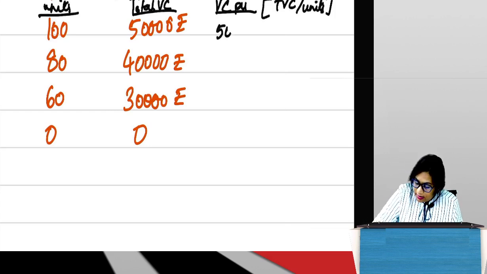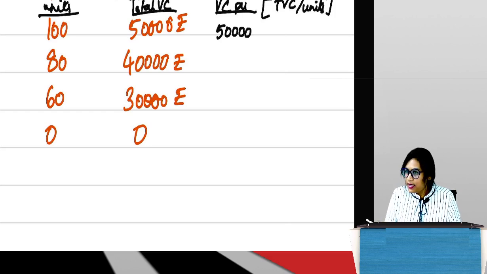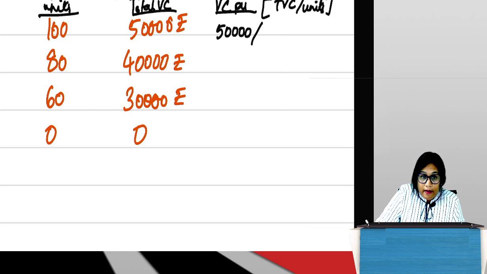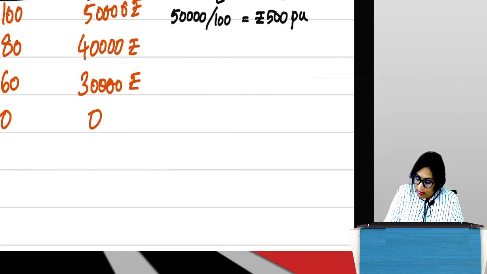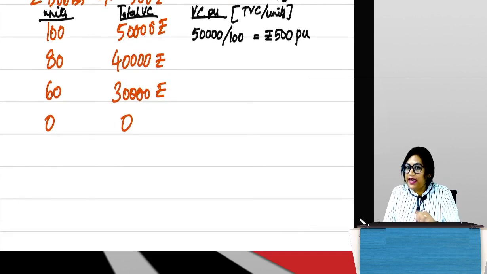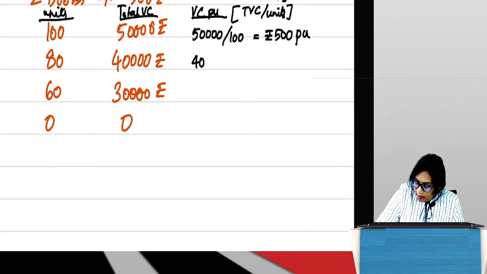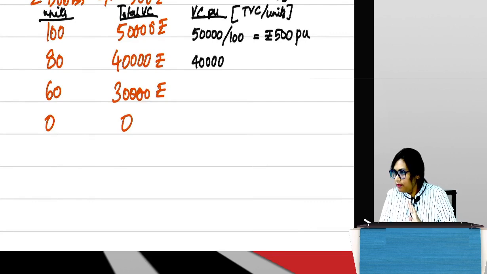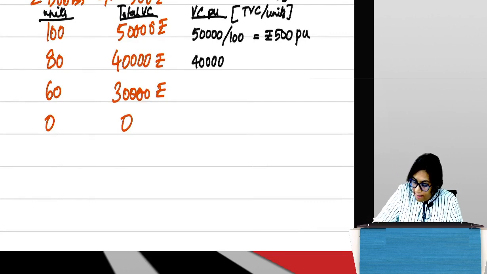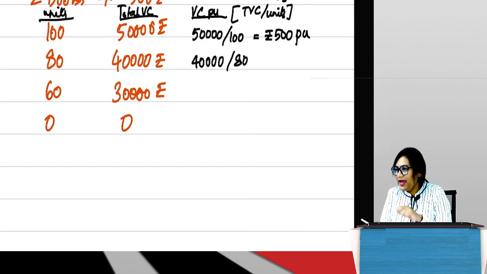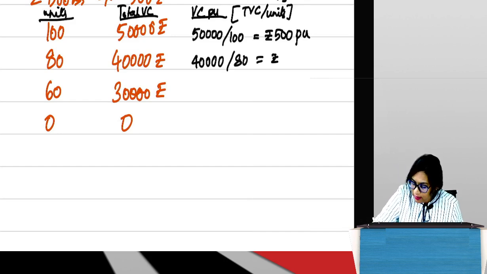It is 50,000. Yes, everybody, divided by 100. How much do you get? 500 per unit, correct? In the second case, 40,000 total variable cost divided by number of units are 80. How much do you get?